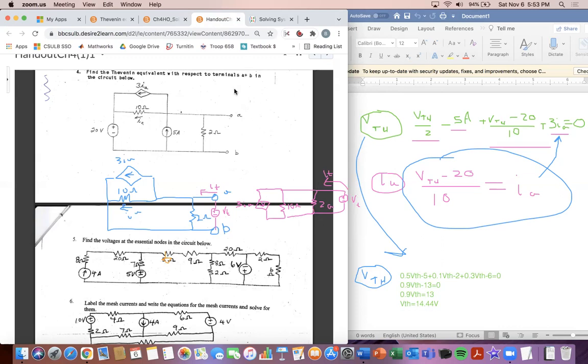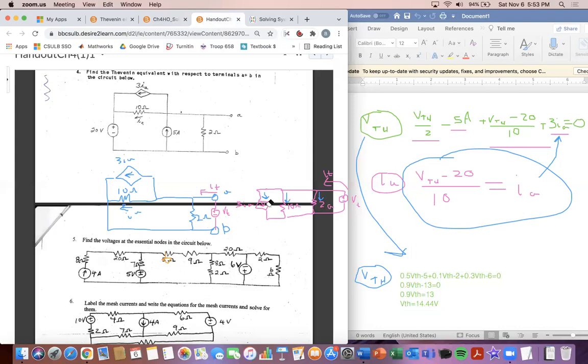This test current coming in is going to be equal to the current going down here and the current going over here. The current going to the left is this current going down here and down here. That's the only two options it has. So the test current is going to be equal to the current going through the 2 ohm plus the current going through the 10 ohm plus the current going through this 3IA, which is the dependent source.